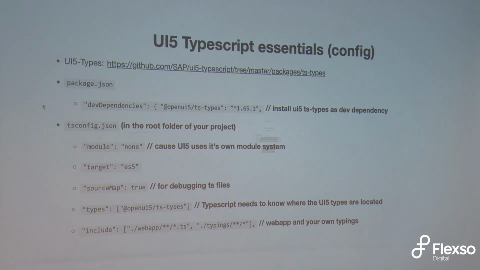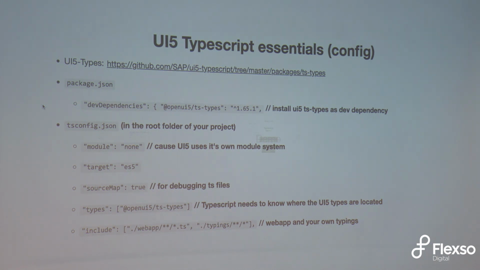Then the next point of configuration is the TypeScript config. With every TypeScript application you develop, you should create a TypeScript configuration, a tsconfig JSON, in which you tell the TypeScript compiler the configuration of your project.